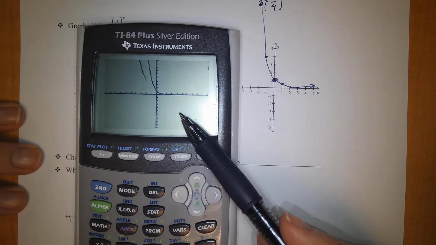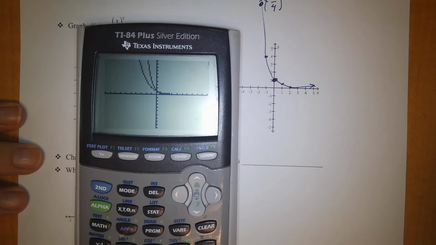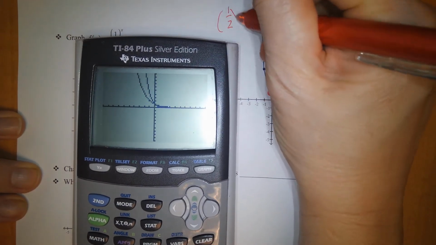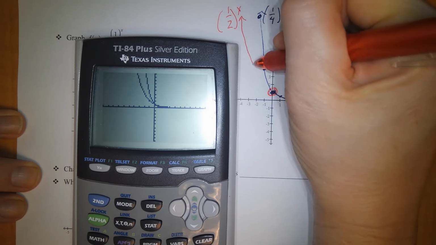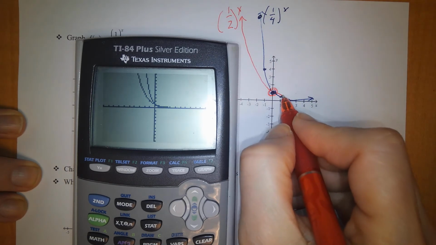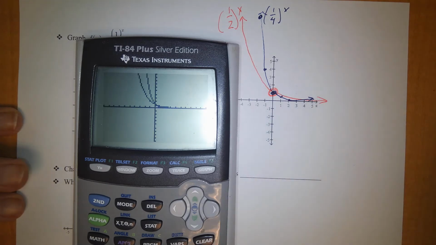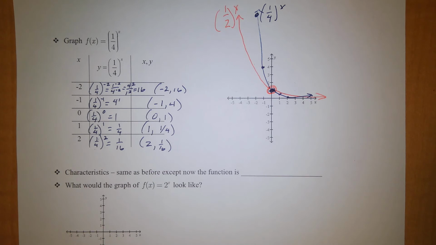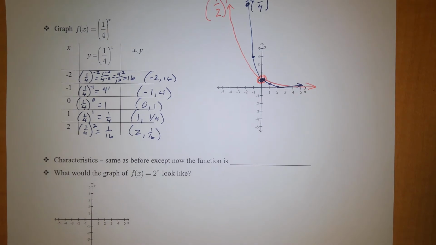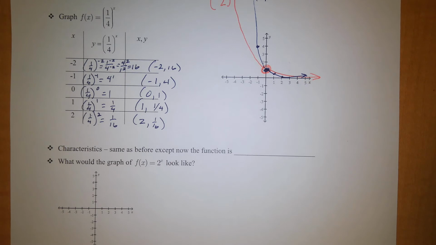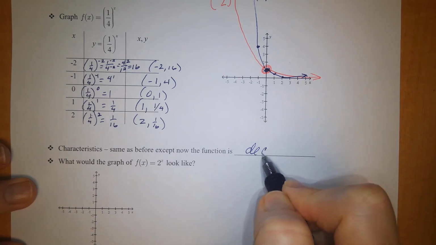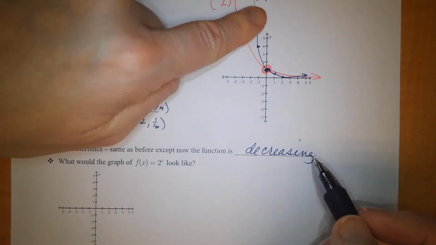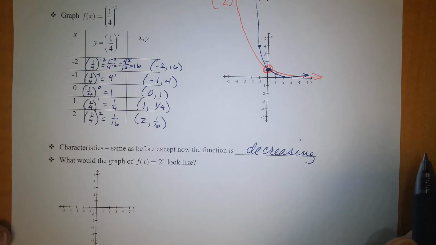The second graph is going to be 1/2 to the x power. So you can see it still passes through this point, but it is a little wider and then becomes a little more rounded at the base, just like we suspected. So the characteristics are the same as before, except the function now is decreasing. It's starting high and it's decreasing over time as x gets bigger.